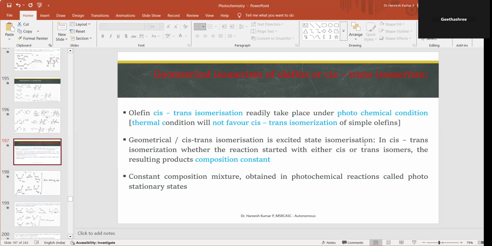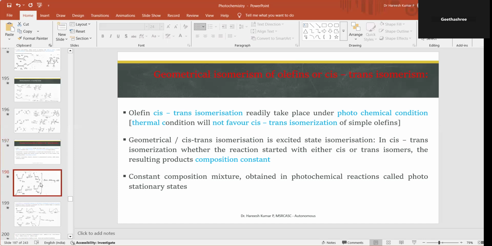That means cis-trans isomerization takes place in the excited state. Whether the reaction is started with either, that means if the reaction is started with cis, trans and cis will be the product. If the reaction is started with trans, cis and trans will be the product. That means the composition is constant, for example 20:30, 30:40, 60:40, 70:30, a composition of products is formed.